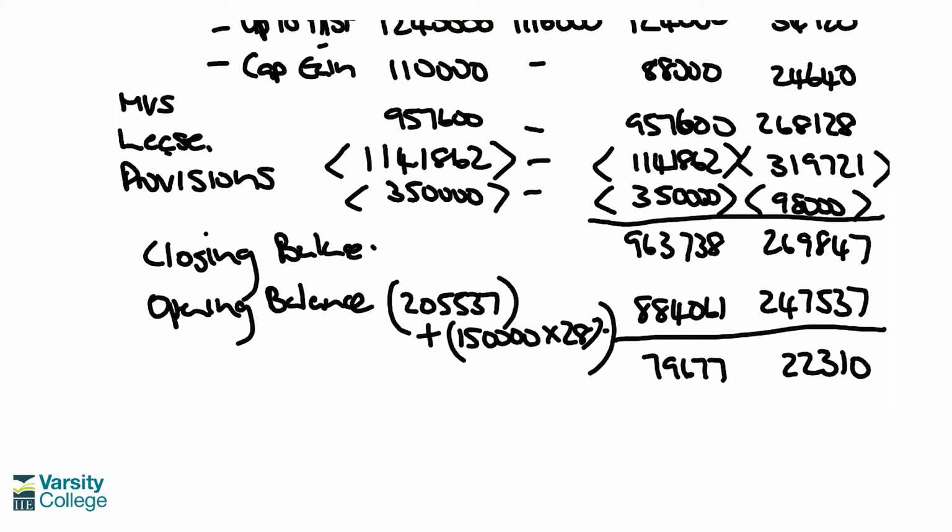So the 79,677 is additional taxable temporary differences because it results in an increase in the DTL. It is my movement in temporary differences that I want to use in my current tax calculation.